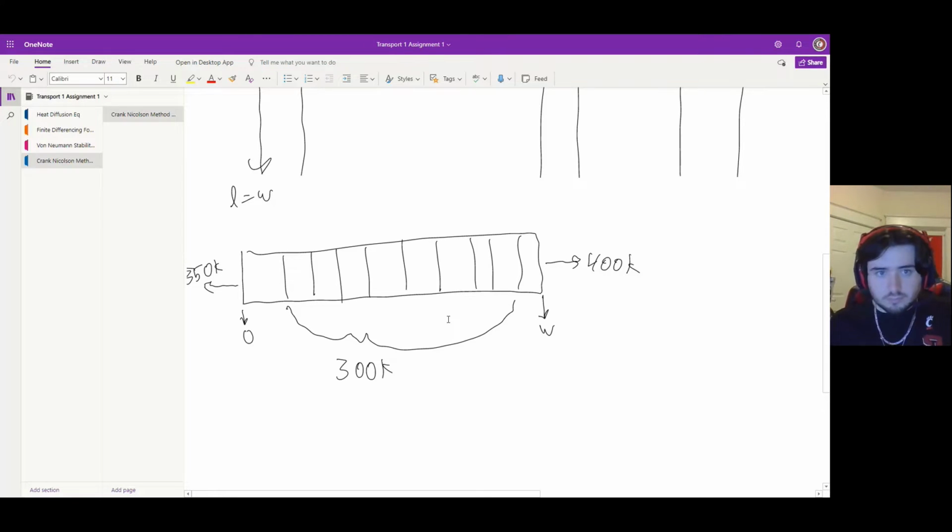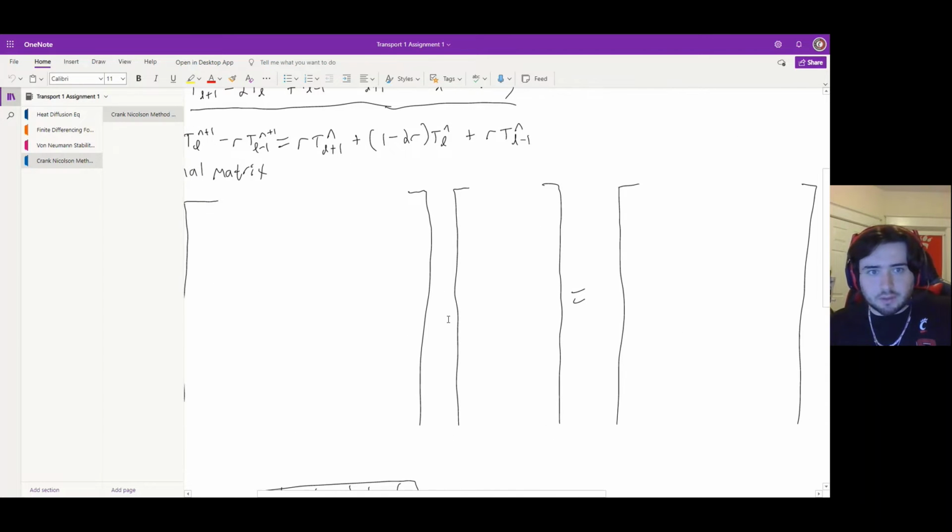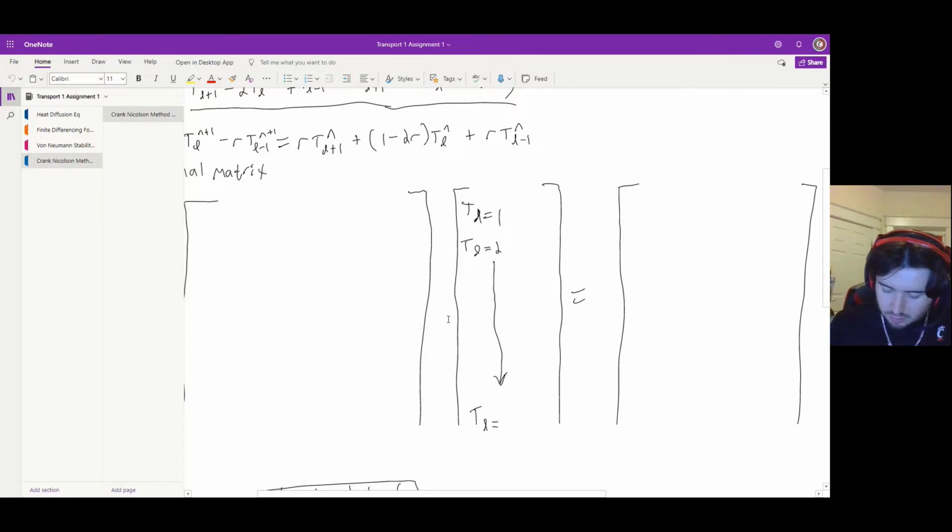So going back up to the matrix here, I'm just going to start with this middle one here. So our first value is going to be our temperature at position 1, then we'll go to our temperature at position 2, and we'll go all the way down to the temperature at position W. And so now we're going to fill in the matrix on the right, just because it's a little bit easier than the one on the left.